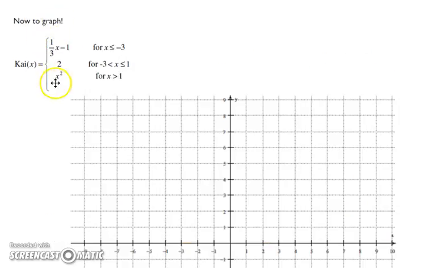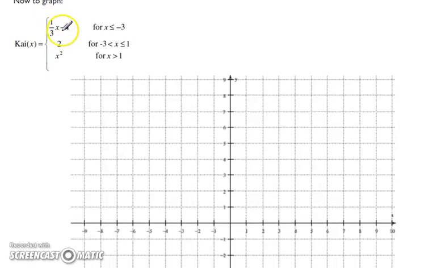We're going to take that same exact function and we are going to graph this monster. Okay? It's really not that bad. So when x is less than or equal to -3, I have this graph. So here's my suggestion. If I look at that 1/3 x minus 1, if I don't have any points to put on that graph, it might be hard for me to really know where to start.